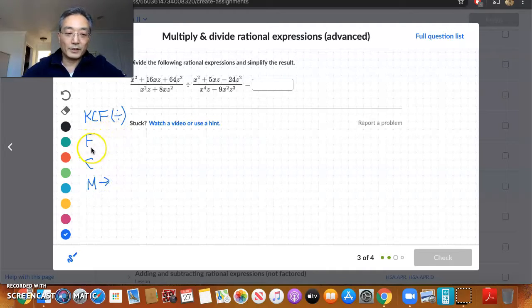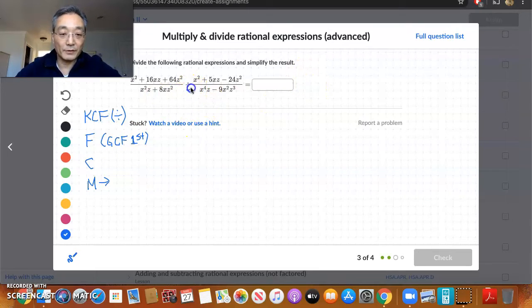Now here I just want to reiterate that on this step on factoring, we should always look for a GCF first, before you start breaking it up into binomials and whatnot. Now, let's go to the problem.